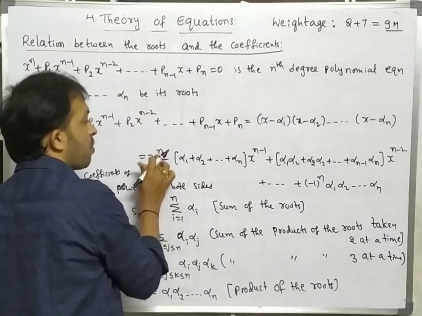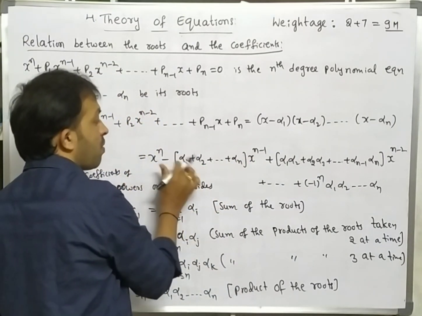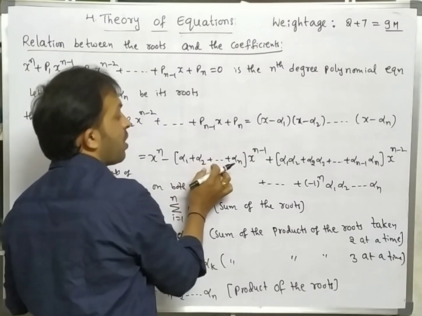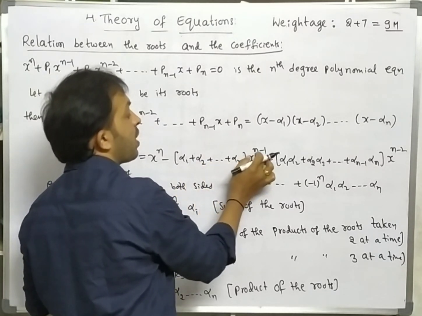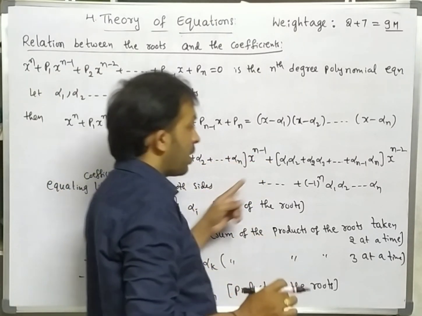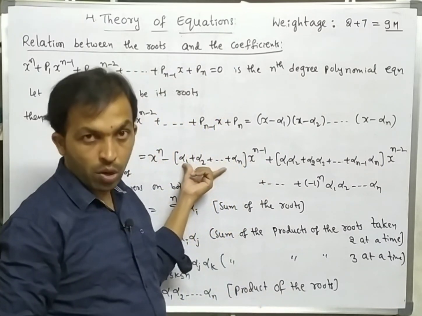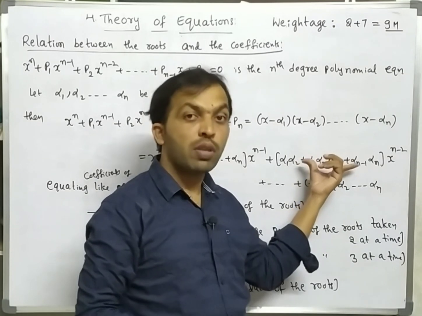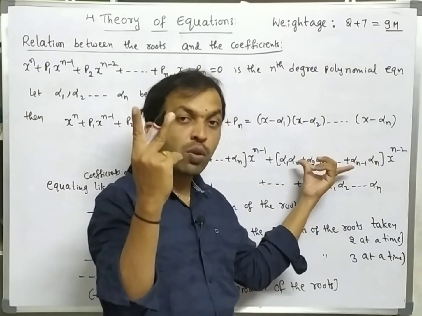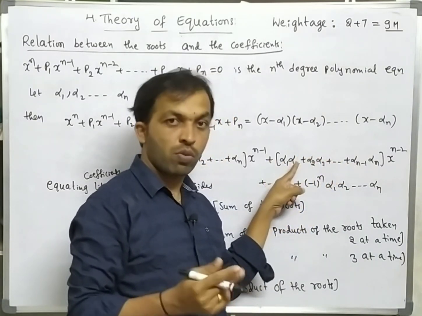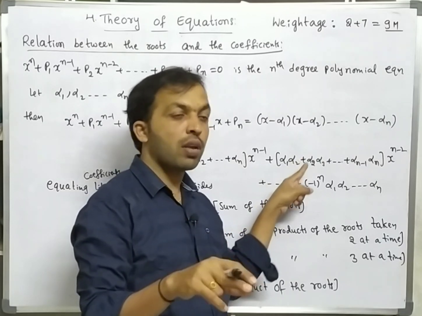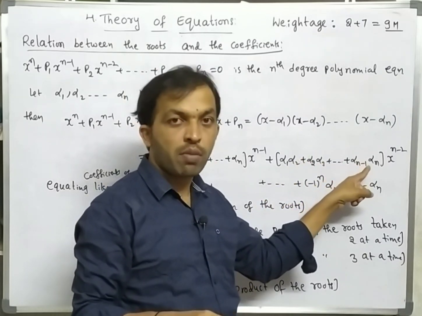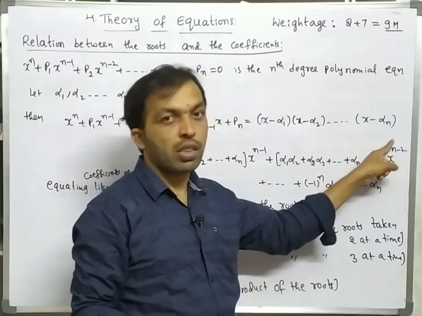First term: x to the power of n, minus the sum of the roots alpha 1 plus alpha 2 plus so on alpha n, into x power n minus 1. Next, the sum of the product of the roots taken 2 at a time, alpha 1 alpha 2, alpha 2 alpha 3, alpha 3 alpha 4, so on alpha n minus 1 alpha n, into x power n minus 2.